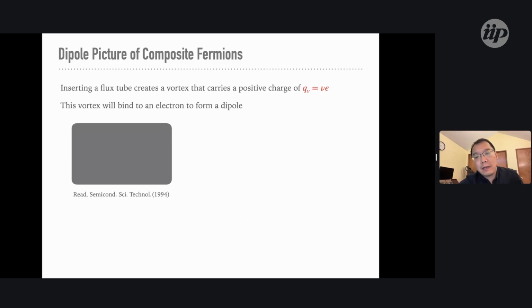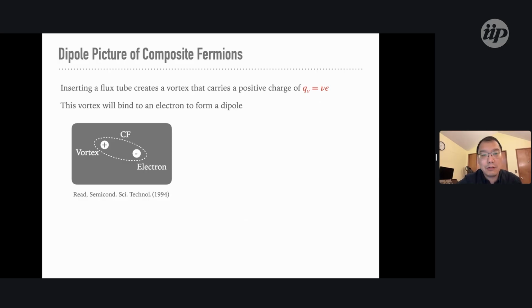I think it's a paper back in '94. So Read proposed the following picture. You first consider a vortex. The vortex is actually a bona fide low energy excitation of the fractional quantum Hall liquid. Now if you add an additional electron, then by the Coulomb interaction, those two will bind, and together they form this composite object.